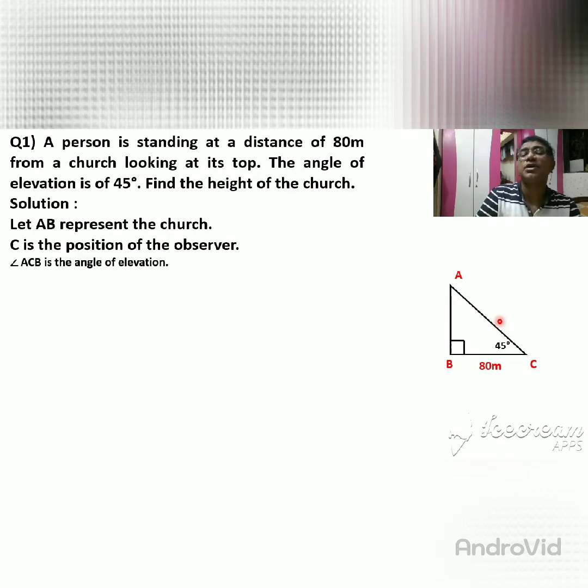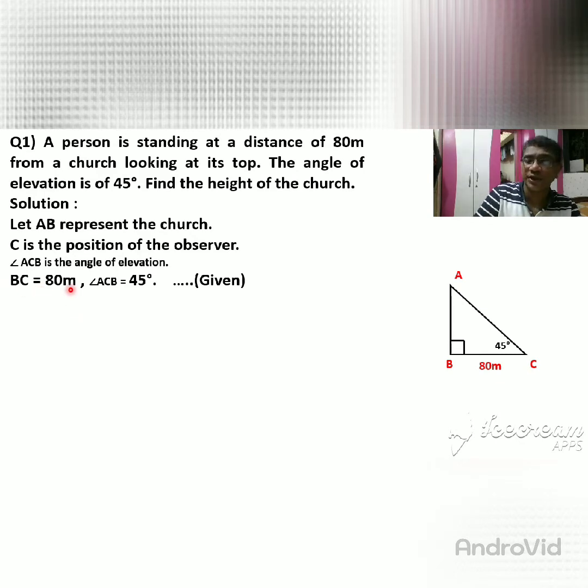This is the difference. So here the person is standing on a road and sees the top of the church, so there is the angle of elevation. Angle ACB is equal to how many? 45 degree.